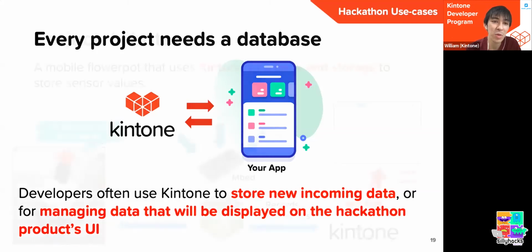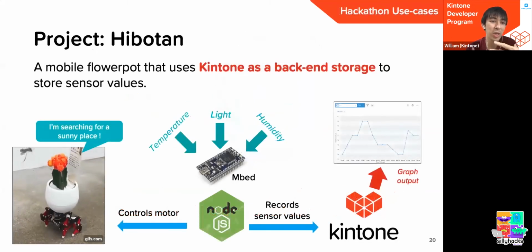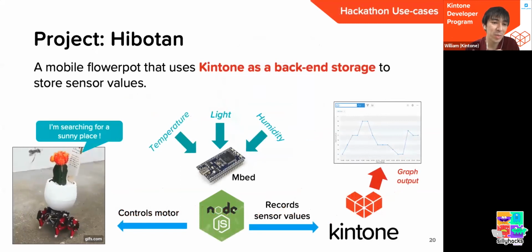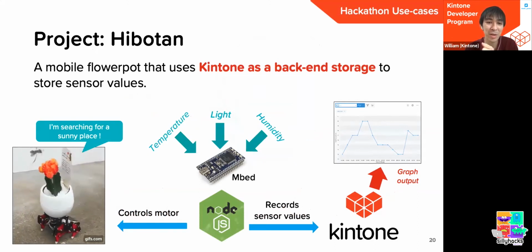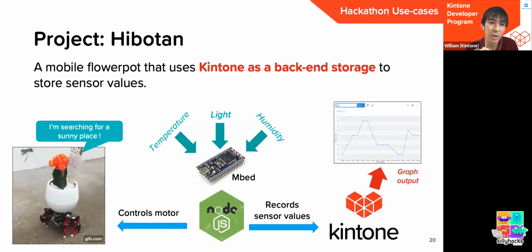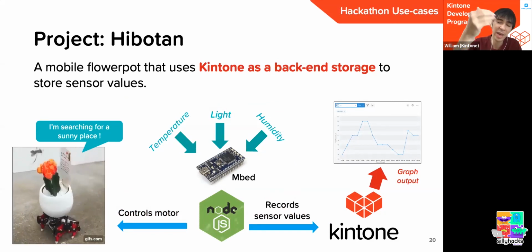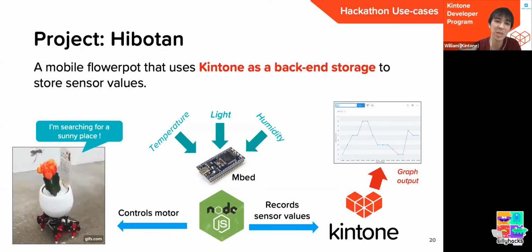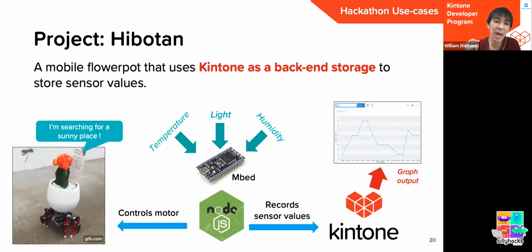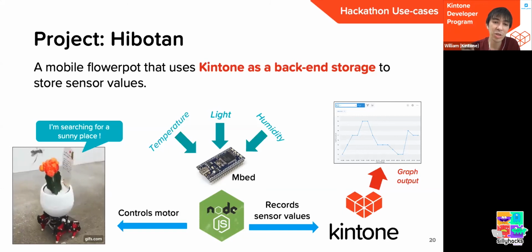Two examples of this. There's a project called Hibotan, which is pretty cool. It's a mobile pot, a pot that walks to direct sunlight. It has an embedded board that takes in the temperature, the light, and humidity, so it has some sensors inside. Then it passes that on to Node.js.